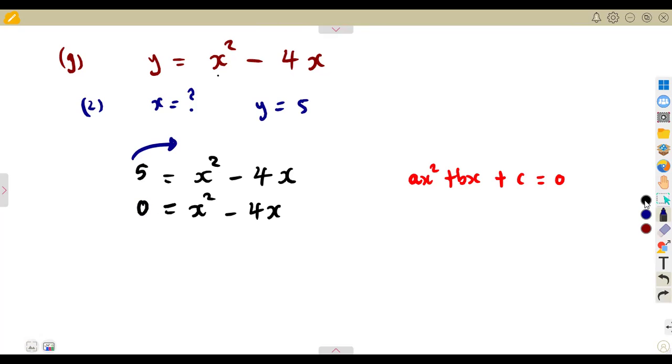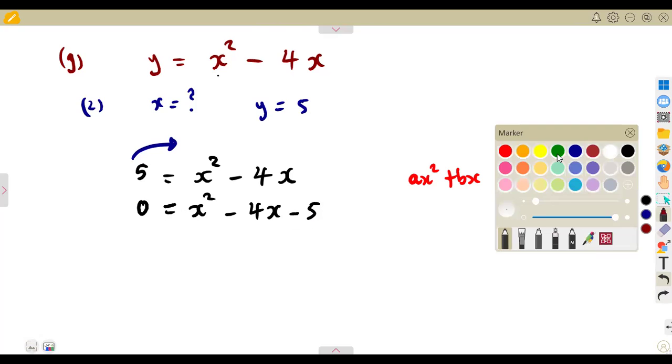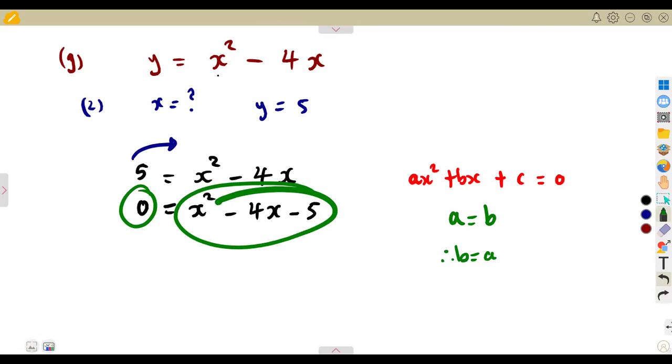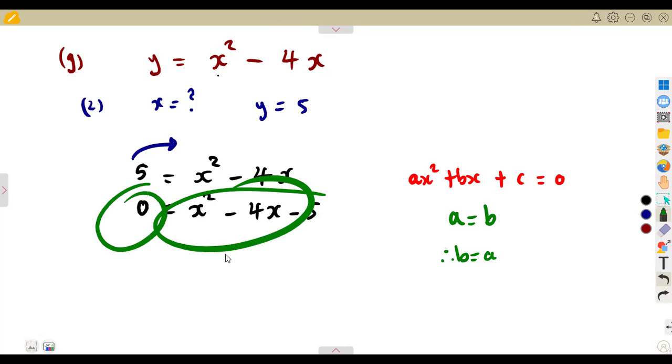So if we transpose this 5 to the other side, it becomes a -5. So this is equal to this. But remember that if A is equal to B, then B is also equal to A. It's one and the same thing. So if 0 is equal to this part, it also means this is equal to 0.